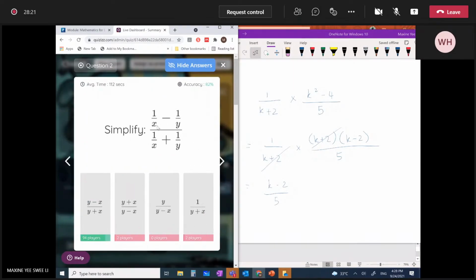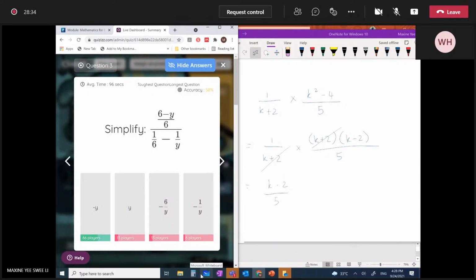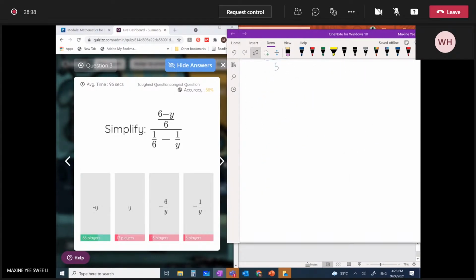For the second question, more of you got it correct, so I won't go into the solution. Here, we have 6 minus y over 6, divided by something.